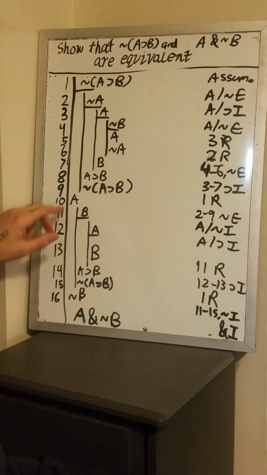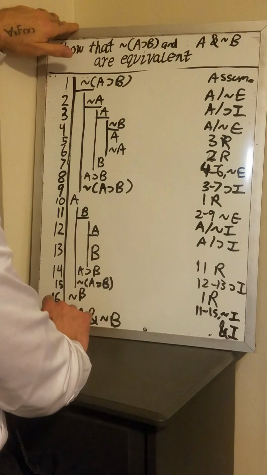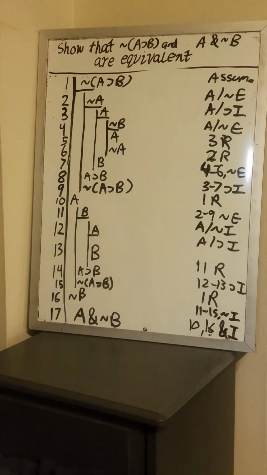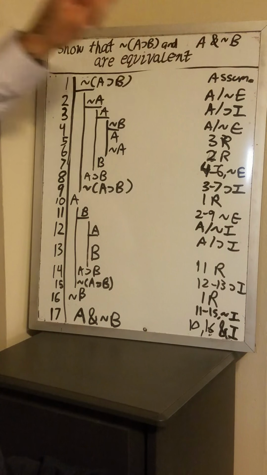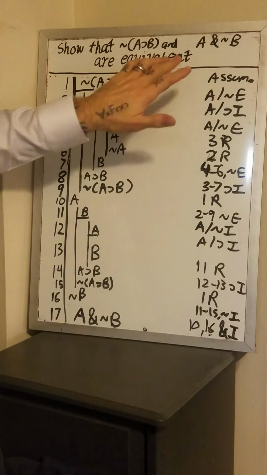And now we can just put 10 and 16 together on line 17. Conjunction introduction. So that completes the left to right direction of the proof. We have the left to right equivalency.